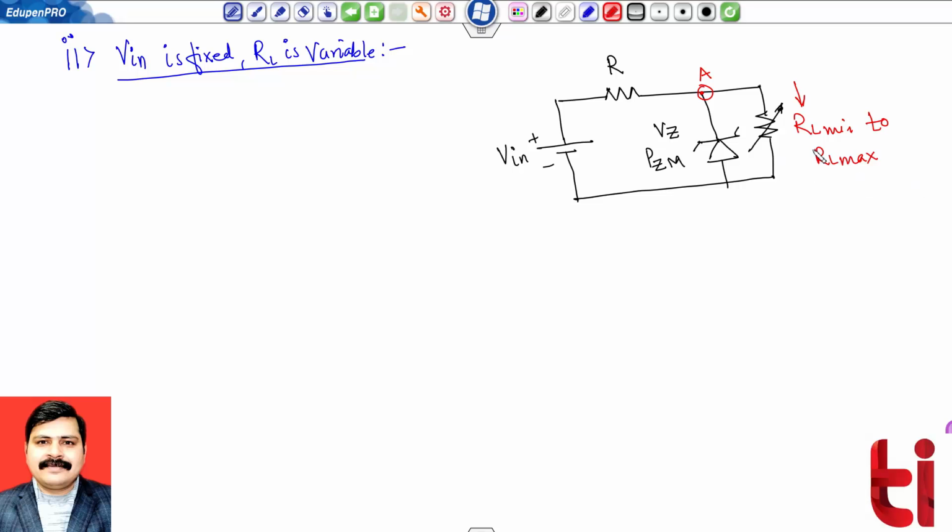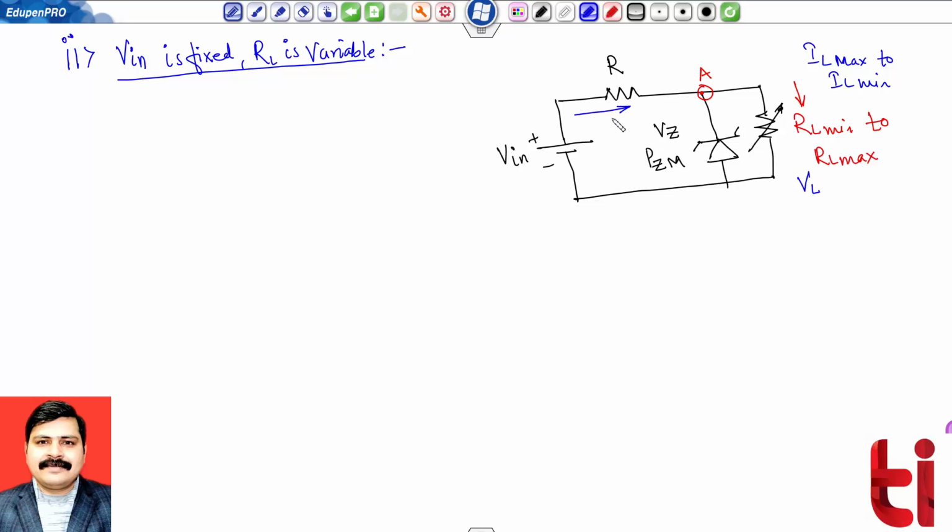As the load resistance is variable, in order to keep the voltage constant, the corresponding value of current will also be variable. So it is IL max to IL min, and I have to find this load voltage VL.